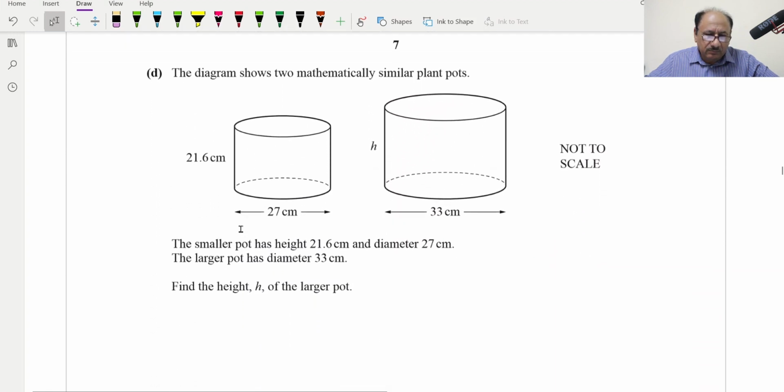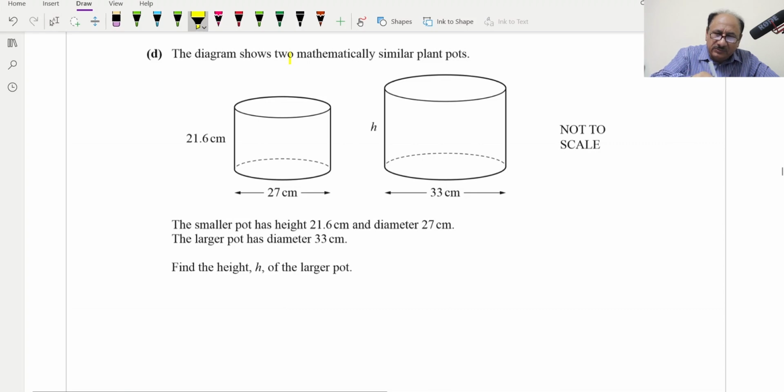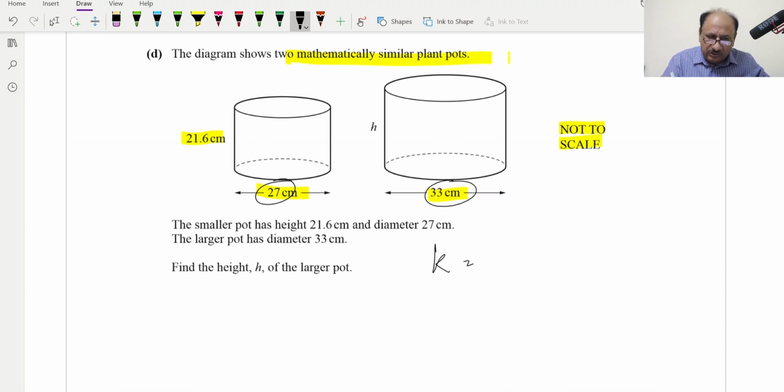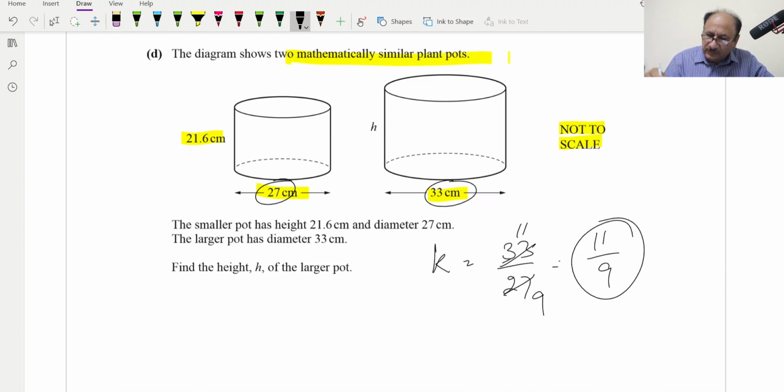And this is the diagram. Part D: the diagram shows two mathematically similar plant pots. Diagram is not to scale. Height is this one, and dimensions are given. We can check the K, which is the ratio between these measurements, which is 33 divided by 27. We can divide by 3. 3 11s are 33, 3 9s are 27, so 11 by 9 is the K value.